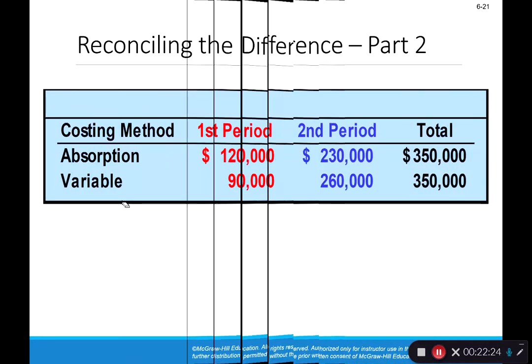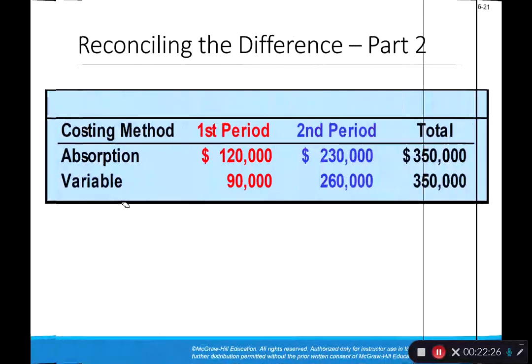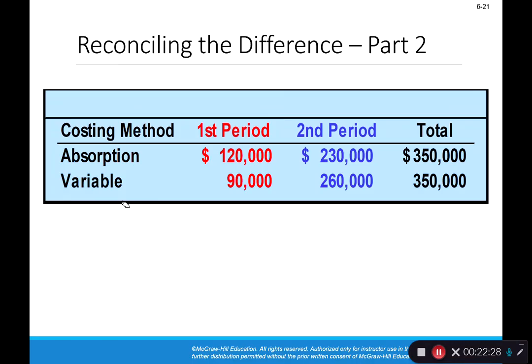For a better understanding, in year one, you can see absorption is higher by 30,000, whereas in year two, absorption is lower by that 30,000.